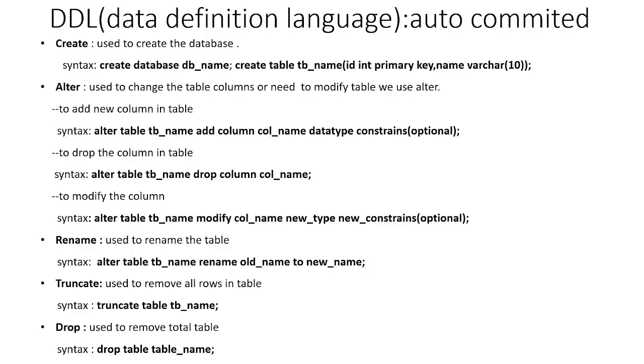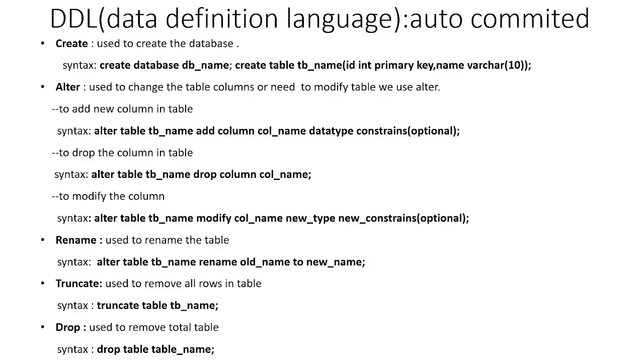Here, what truncate will do, for example, I have a table which contains primary key, name, and income fields. If I use the truncate command on that table, only the data will be deleted. The attributes which we have in the table and the structure of the table will remain the same.